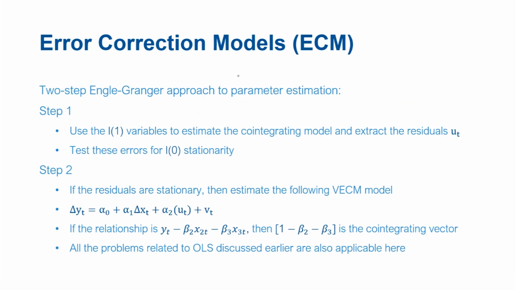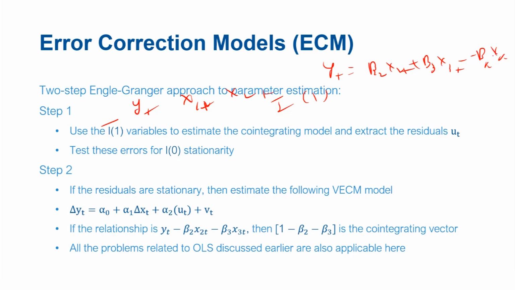The two-step Engle-Granger approach to cointegration and error correction model is as follows. In the first step, we proceed with the variables such as yt, x1t, x2t in their original I1 form, assuming these are financial and economic variables, so they would be I1 in nature. Then in a model like yt equals beta 2 x2t plus beta 3 x3t and so on up till beta k xkt, we estimate the residuals from this model, that is mu t.